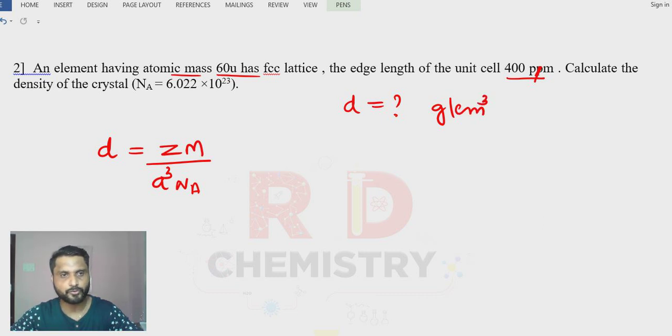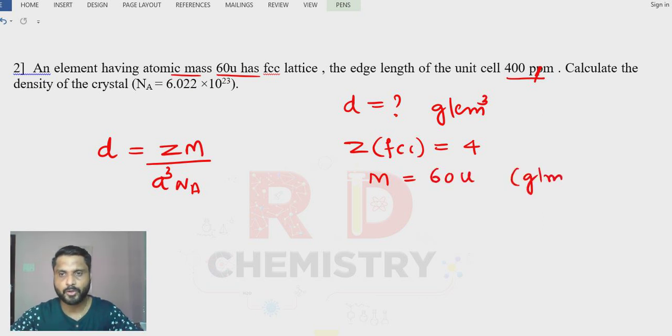We need to calculate in terms of gram per cm cube. Remember the units also. Okay, Z is equal to the number of particles per unit cell, in this case FCC. For FCC, Z is equal to 4. They are given the molar mass or atomic mass is equal to 60 unified mass, or gram per mole we can take. Okay, then they are given edge length is equal to 400 picometer.